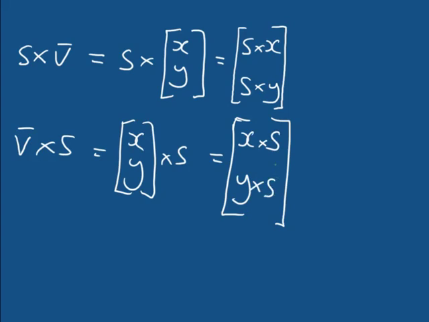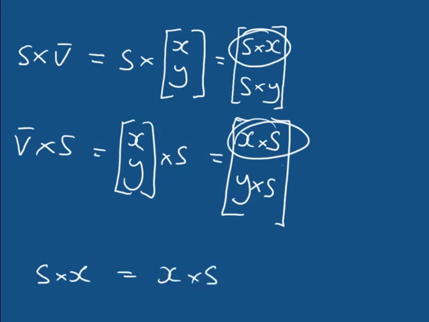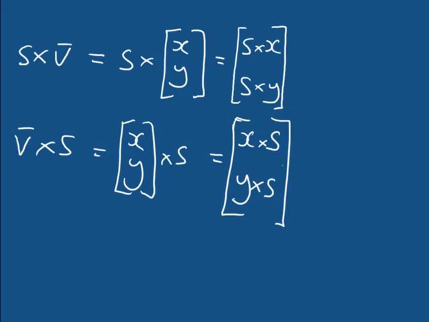Now what you'll notice is that here in our result vector, the first component of one of them is s times x, two scalar values. And you'll notice in the second, it's x times s. So we had s times x, and in the second, we had x times s, the opposite order.